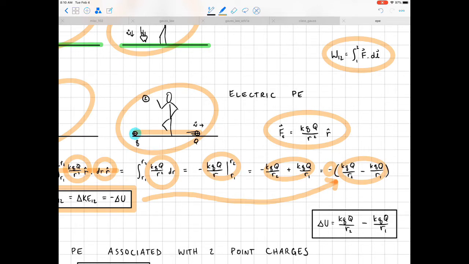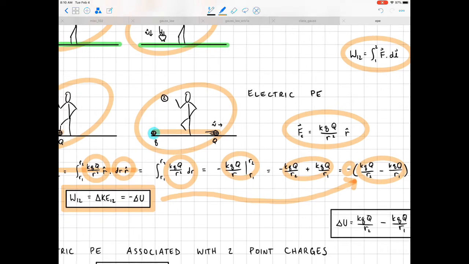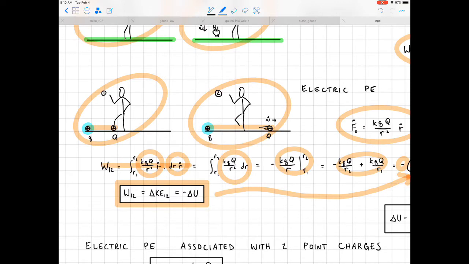k QQ over r1. And so we can recognize immediately from the work-energy theorem in 101 that, well, if we have a force doing work, then the work done is equal to the change in the kinetic energy, but it's also equal to the negative of the change in the potential energy.